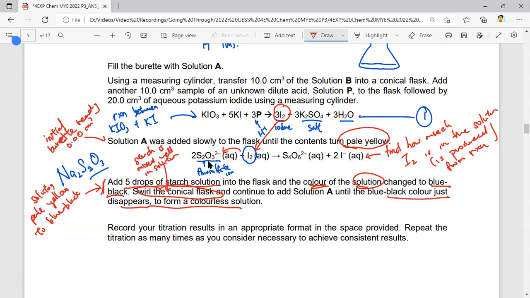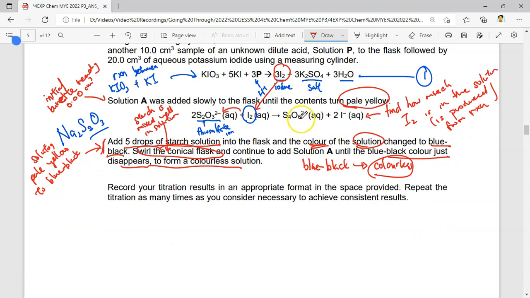So what I'm looking out for is when the blue-black becomes colorless. When do you stop adding sodium thiosulfate? It's when the solution turns colorless.